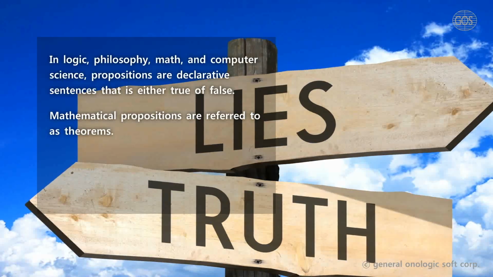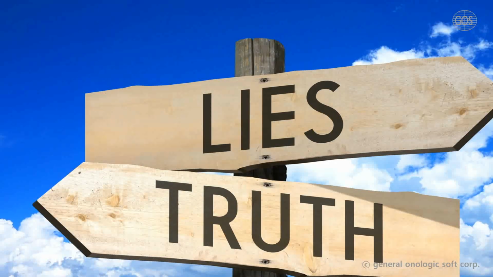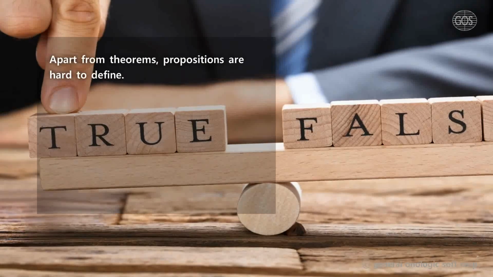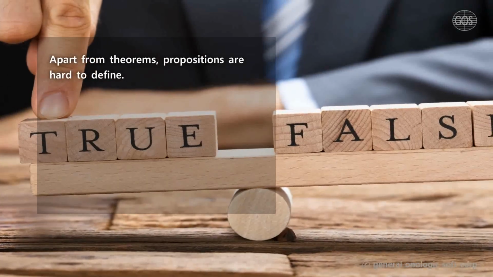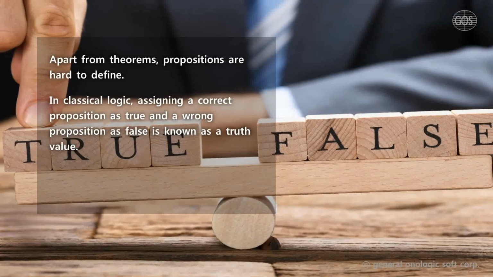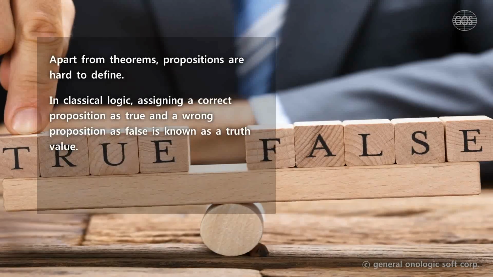Mathematical propositions are referred to as theorems. Apart from theorems, propositions are hard to define. In classical logic, assigning a correct proposition as true and a wrong proposition as false is known as a truth value.